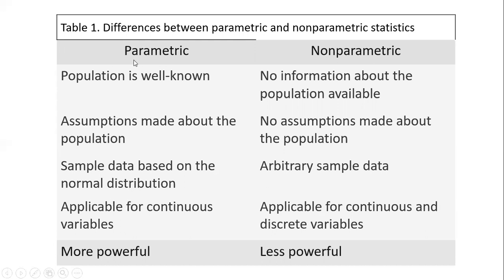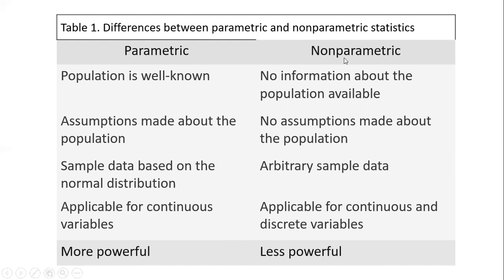Parametric statistics are applicable for continuous variables. When we say continuous, it should be either interval or ratio. Your dependent variables have to be interval or ratio. Do not use parametric statistics if you have nominal or ordinal dependent variables.